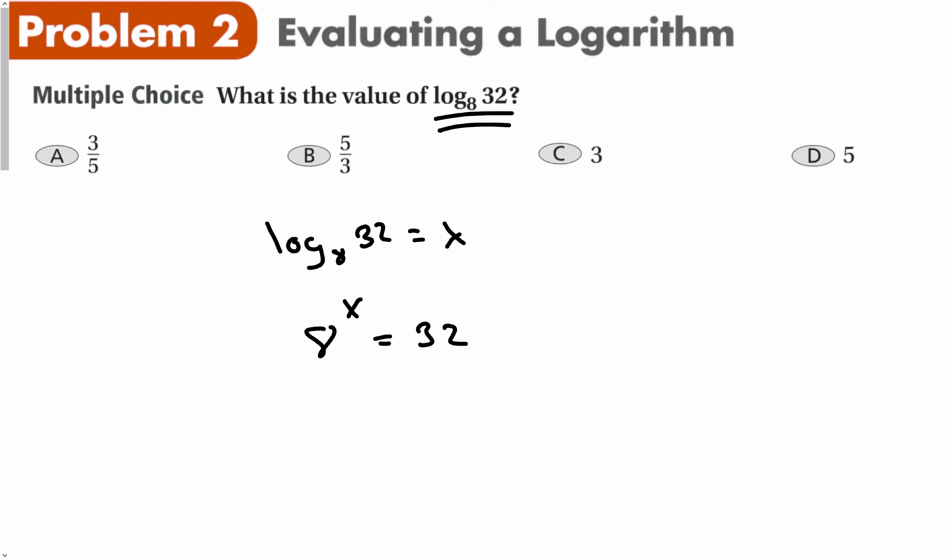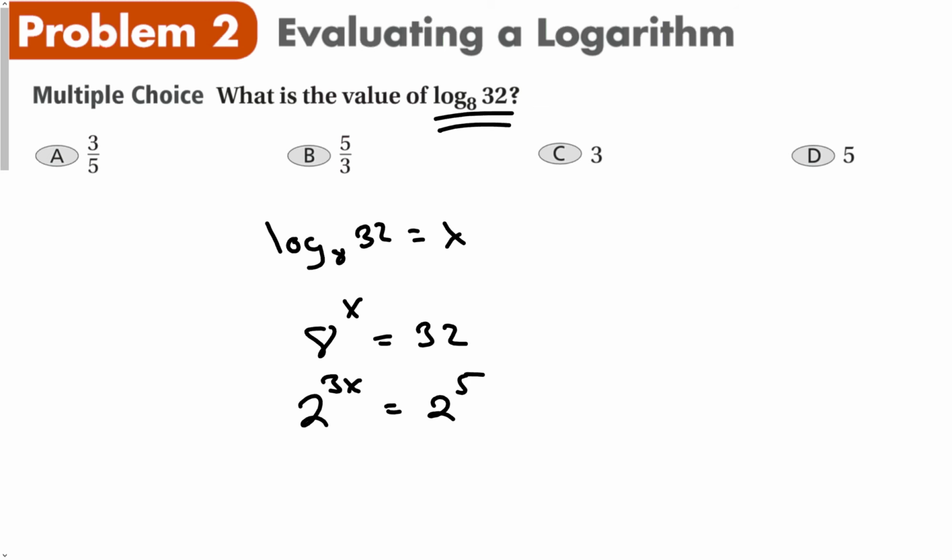Okay, well, that didn't really help me too much until I realized that both of these could be written with a power of 2. So 2 to the 5th power, whoops, that's 32. 2 to the 3rd power to the x is equal to 2 to the 5th power.